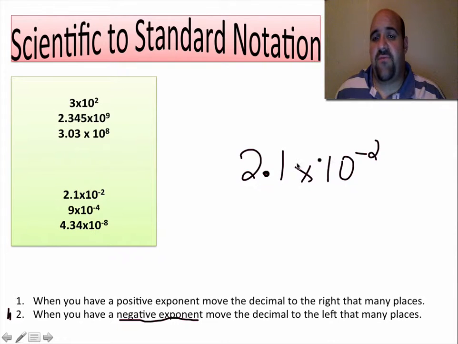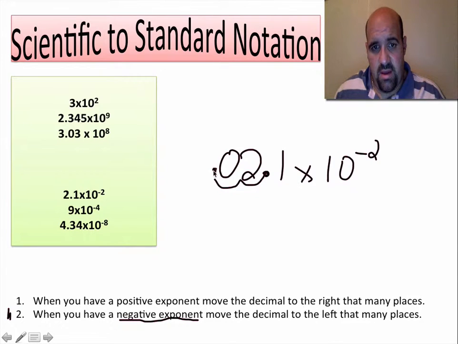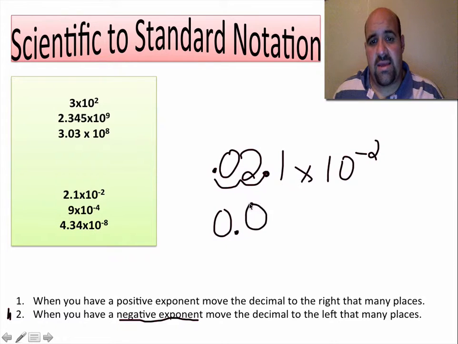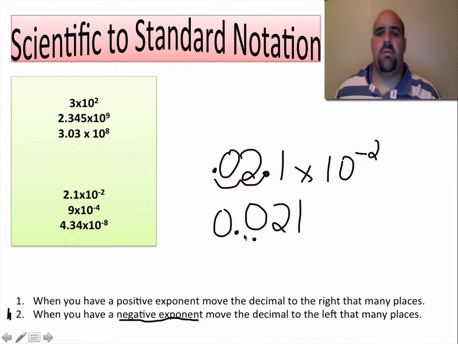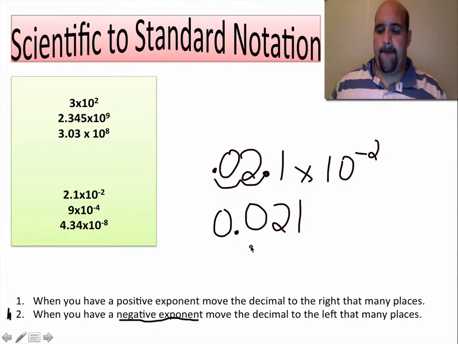This decimal has to move 2 places to the left. 1, 2, which means I have to put a 0 in here now. My final answer is 0.021, because I took this 2.1 and moved the decimal over 1, 2 places. It was originally here, and I moved it over 1, 2 places.